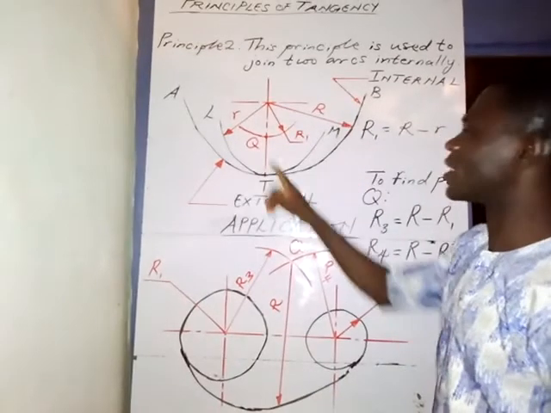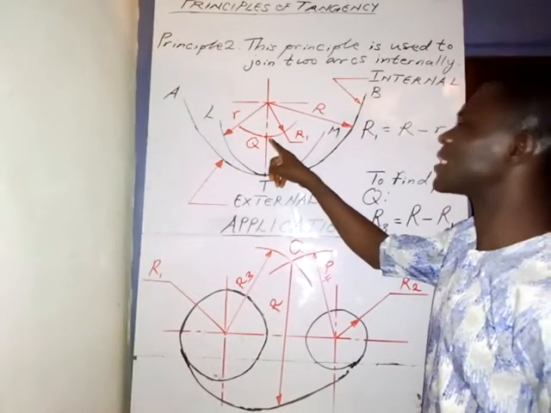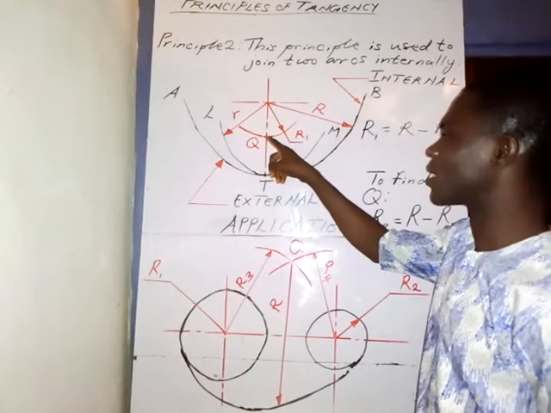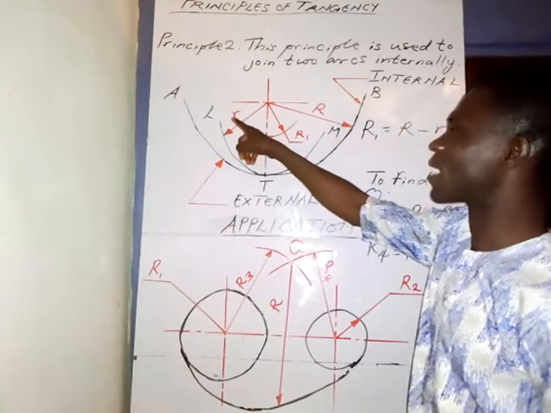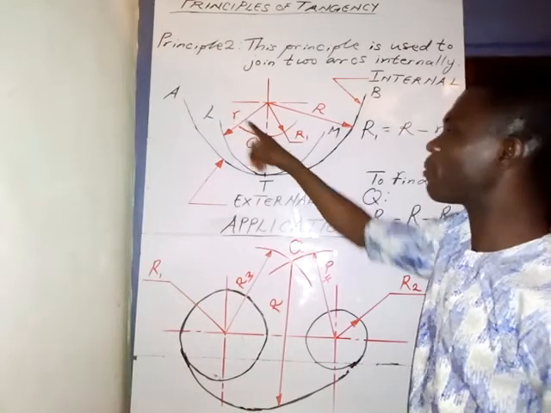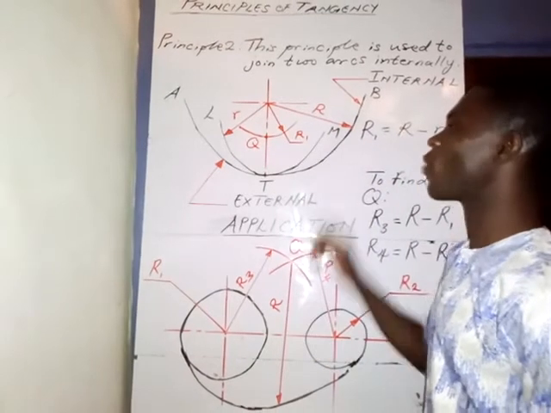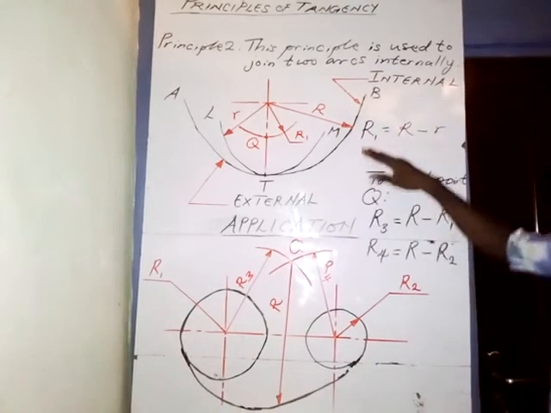And that point is point Q that we add here. So how will you get this point Q, where you put your compass after taking radius r here? So you put your compass at this point and draw this arc LM. How will you get this point? It's very simple. That's what I've done here.